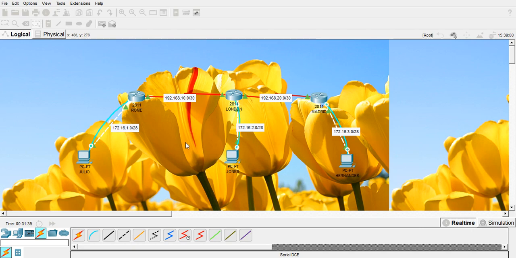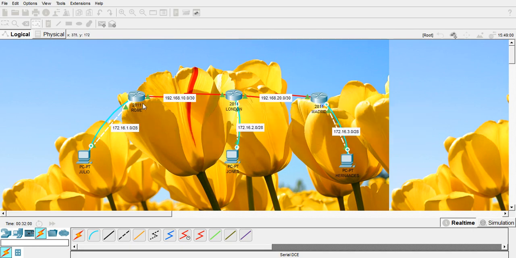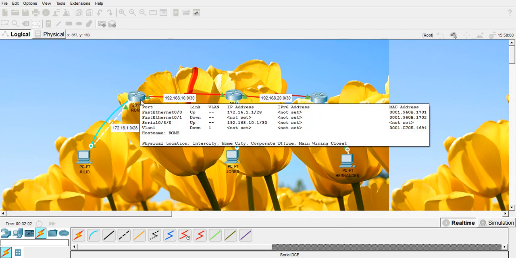Okay, so again, it's a wonderful protocol, but it consumes a little bit of bandwidth because it sends its updates. Good, this is a third feature of RIP version 2 now. Unlike RIP version 1 that sends its update as broadcast, RIP version 2 sends its update as multicast.